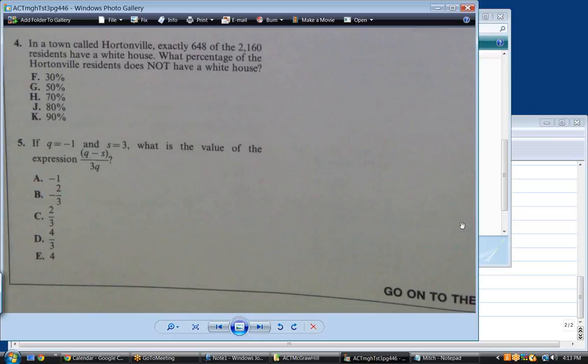Would this one be a good calculator one? Yeah, I was just going to say, if you have your calculator, fine. If you don't have it, you could probably figure it out relatively easy, but go ahead and use your calculator. There's not very many questions that really require a calculator.